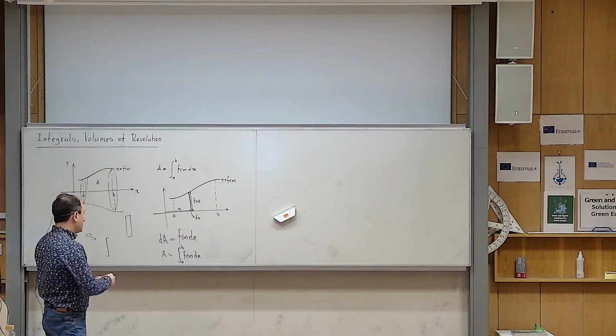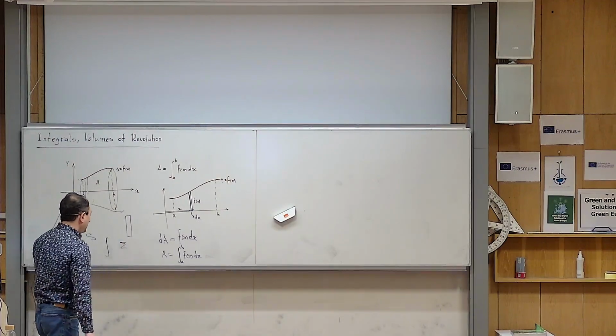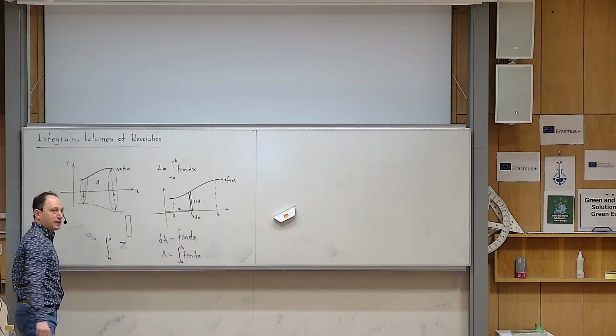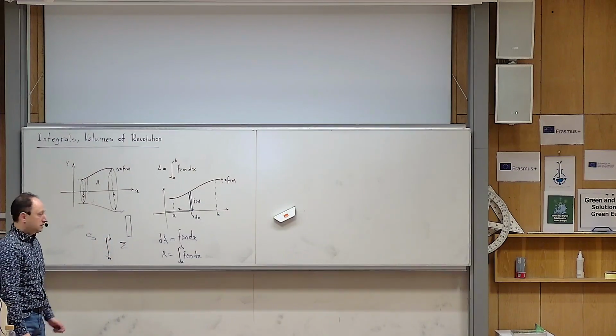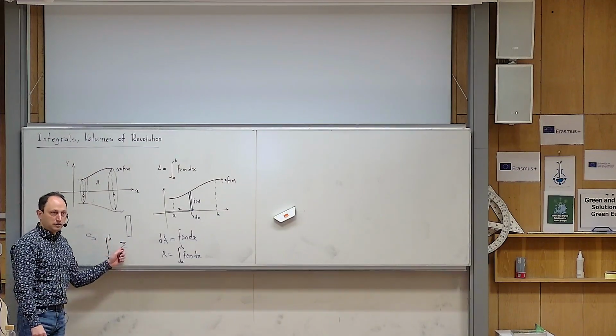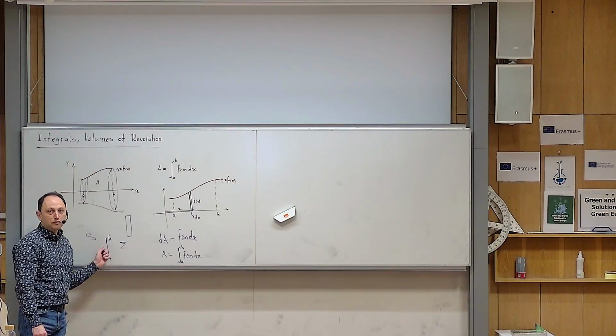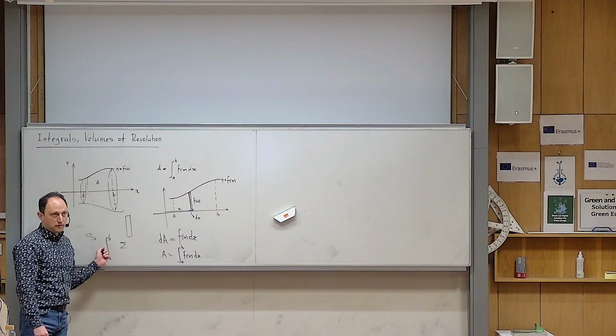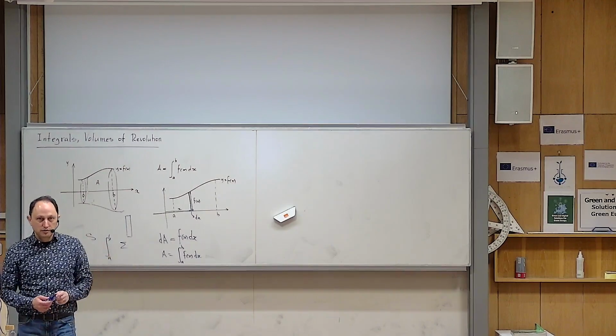So sigma is addition. The integral from a to b is also an addition. But this is adding finitely many terms, and this is adding infinitely many small infinitesimal terms. I want you to have this in the back of your head.